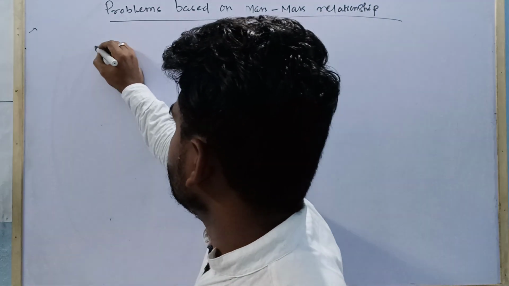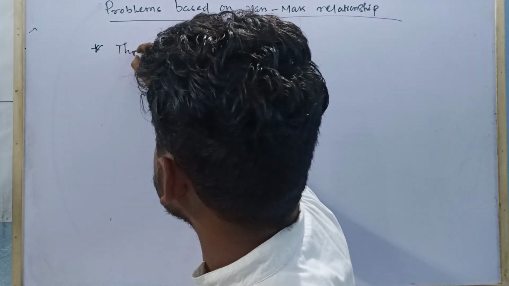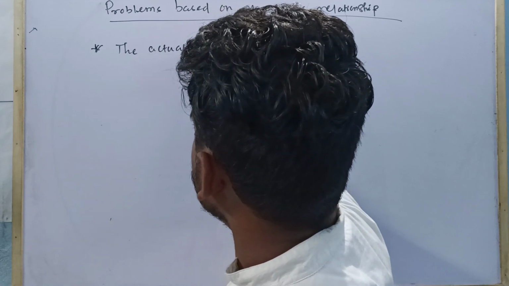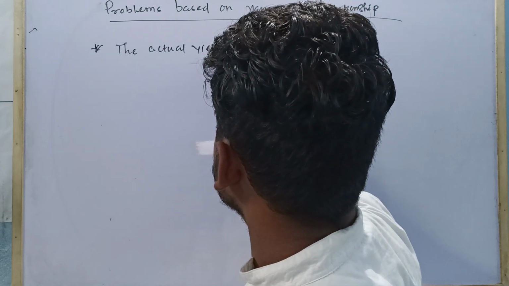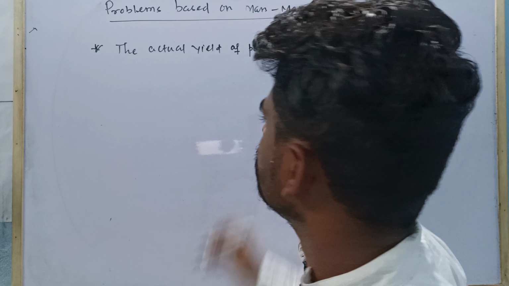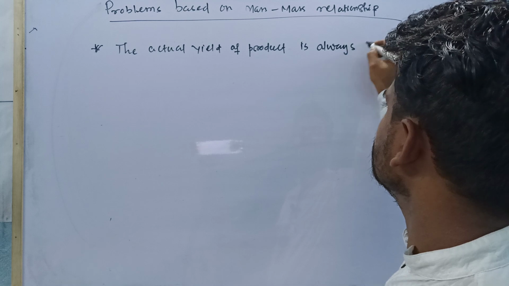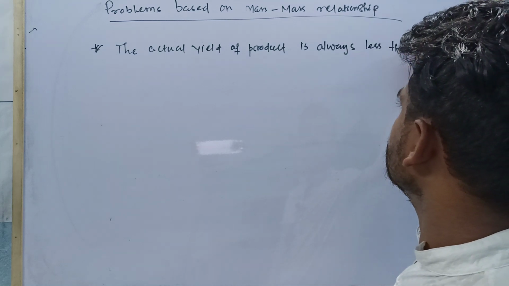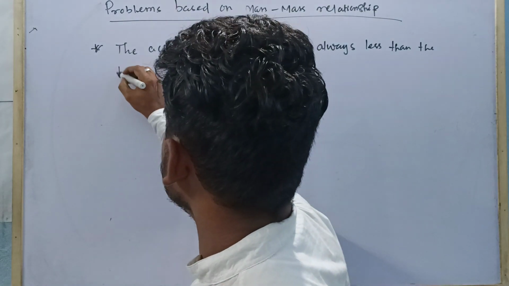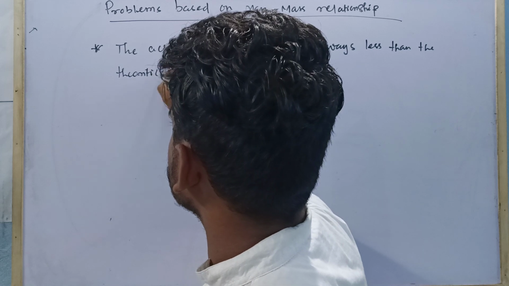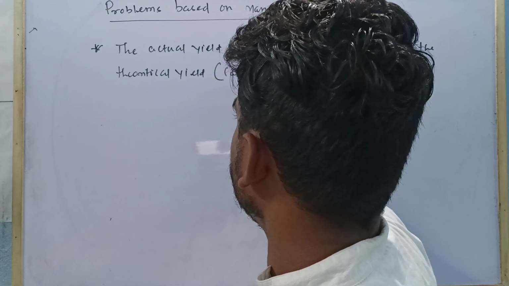Before I go through this mass relationship, one very important point I need to explain: the actual yield of product is always less than the theoretical yield, which is also known as the calculated yield.